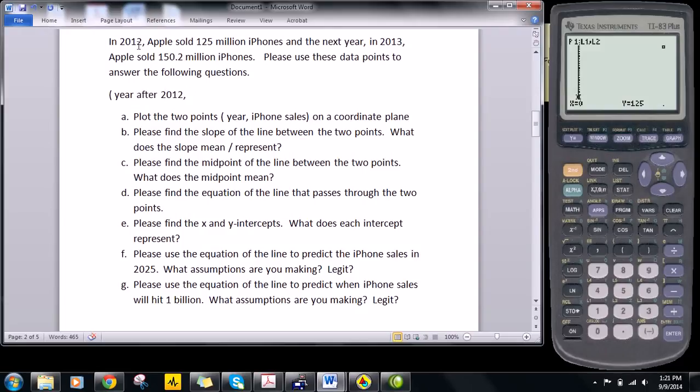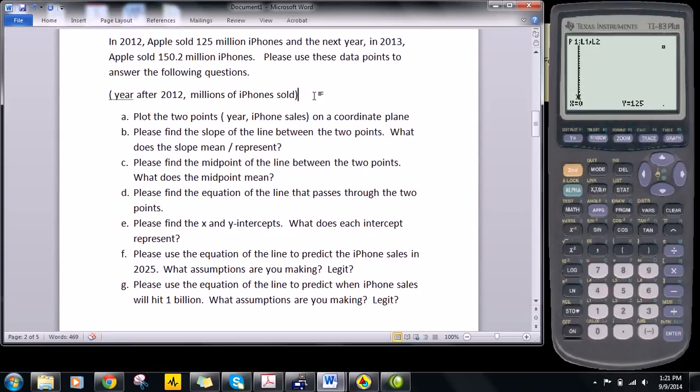And the Y value, I think we decided, was going to be the millions of iPhones sold in that particular year, right? So we're establishing just two ordered pairs that relate the year after 2012 to the millions of iPhones that were sold during that year, okay?